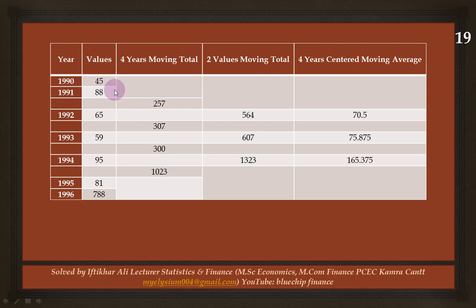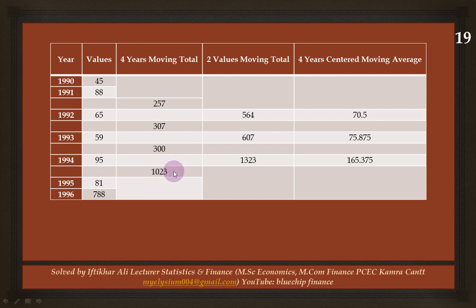Now we skip one value and 88 plus 65 plus 59 plus 95 equals 307. Now we skip one more value. Remaining values are 65, 59, 95 and 81, 300. Now we skip 65 and the sum of these four values will be 1023.